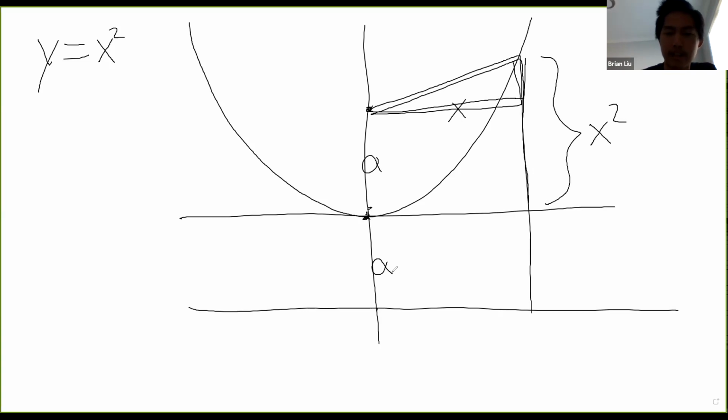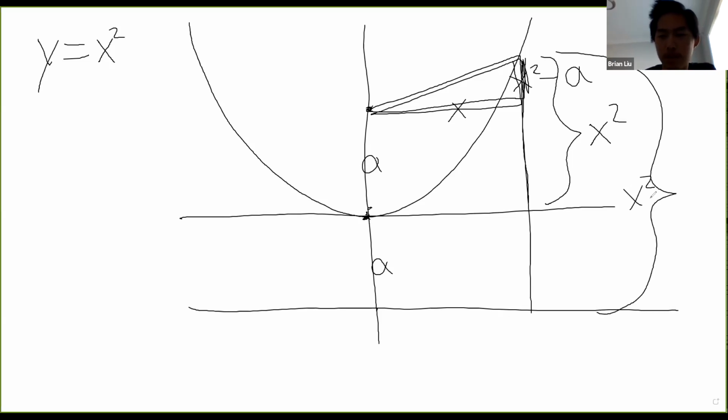So we can say that this length right here is x squared minus a. And this length right here is x squared plus a. So this length right here is the hypotenuse of a right triangle with legs x and x squared minus a.